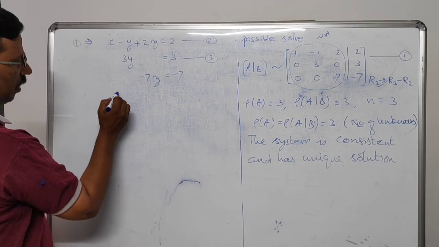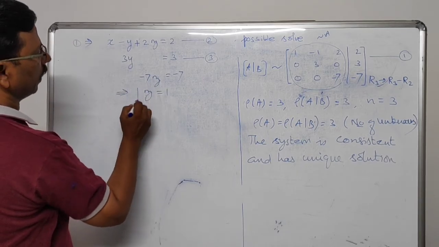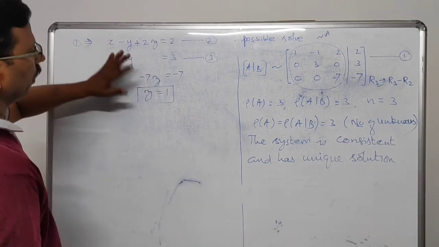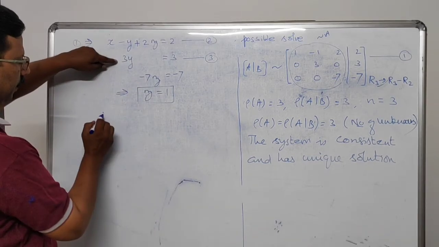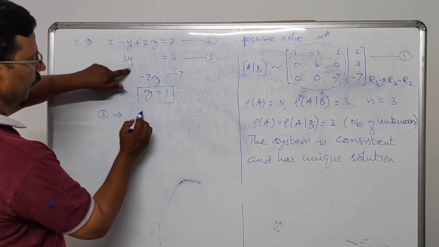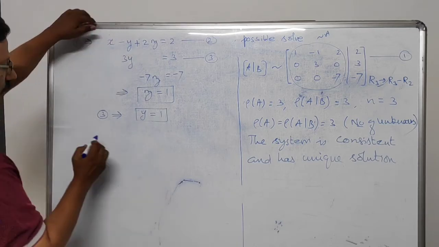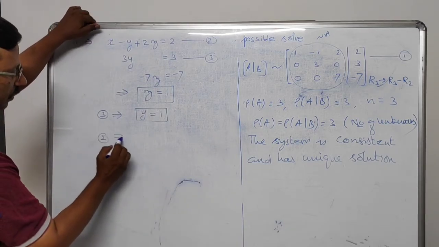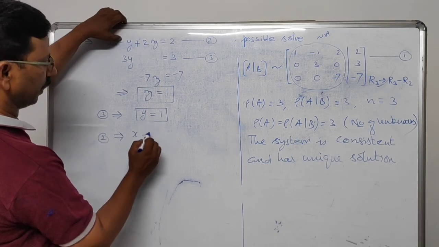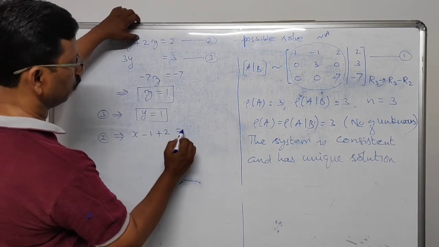Now, from this last step, we can write z is equal to 1. Then, after finding z equal to 1, we can go for equation number 3. That implies, here also a single variable, therefore we can say y is equal to 1. Then after that, you can go for equation number 2. Equation number 2 implies x minus y means minus 1, plus 2z means 2 into 1, which gives 2.